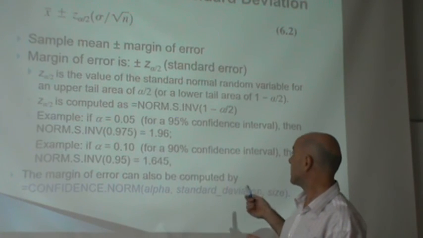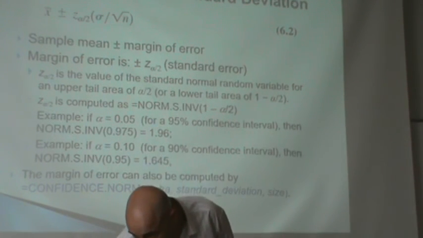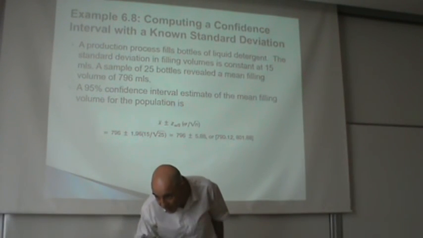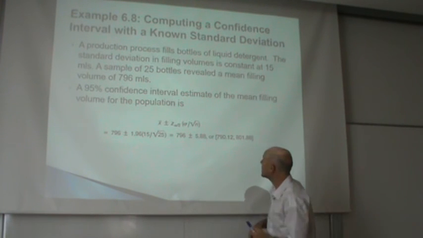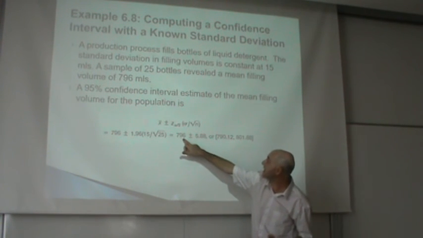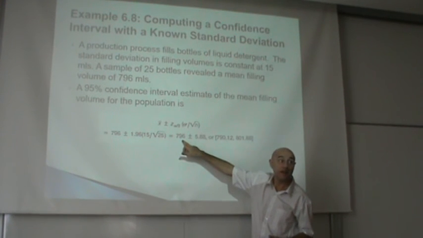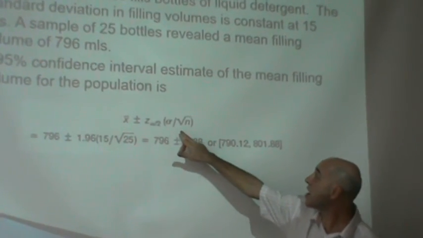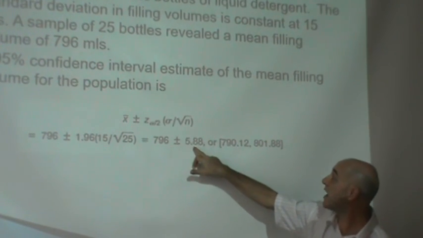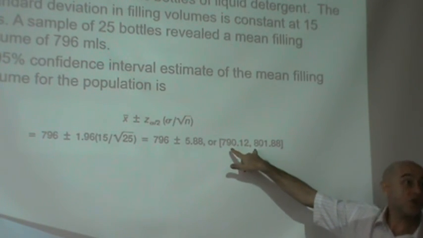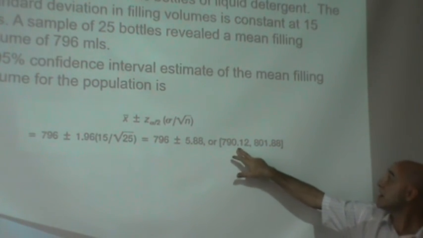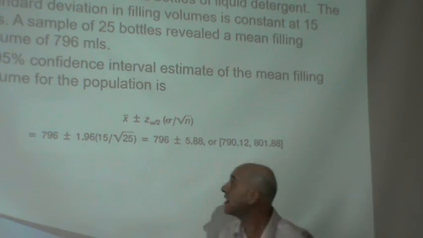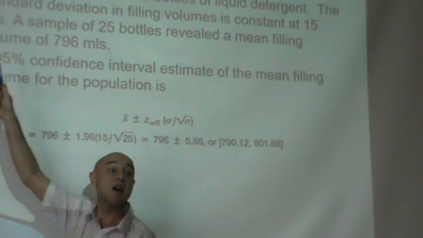Let's see what else they have. Okay, they do some here. Computing a confidence interval, whatever. So I have a production process, and they tell us, well, if 796 is the measured mean, that's the sample, and the standard error of the mean is 5.88, your range of the true population mean is between 790 and 801 with a 95% confidence.